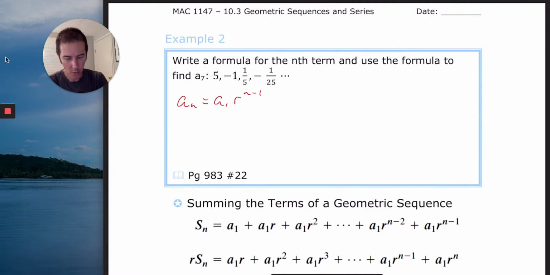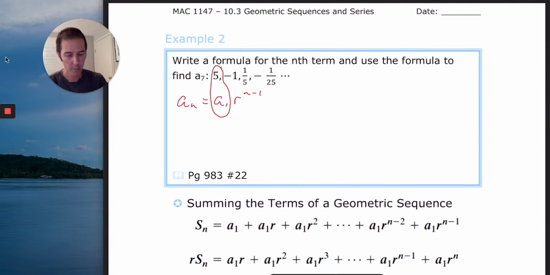Do we know what a sub 1 is? We do. It's a 5, so that's going to be easy to drop into place. This n, we're writing a formula for the nth term, so these n's are going to stay as they are, but we do need to figure out what our r value is. When we were calculating the common difference in an arithmetic sequence, we would do a sub 2 minus a sub 1.